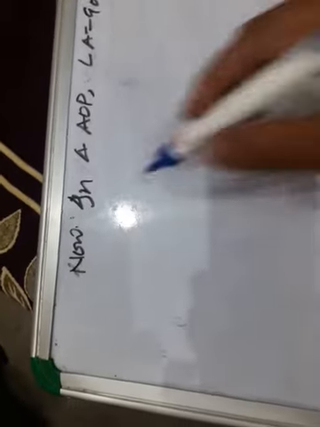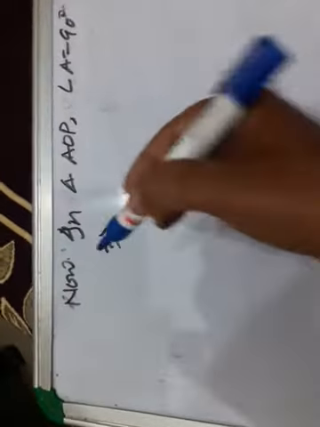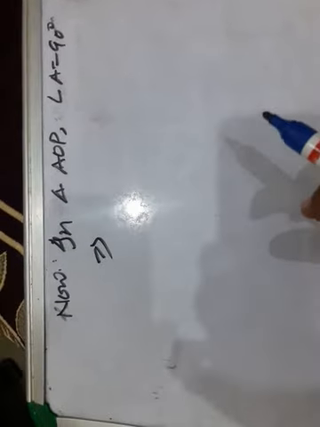In triangle AOP, angle A equals 90 degrees. Now actually the Pythagoras property is not required. This angle is 40 degrees and angle A equals 90 degrees.